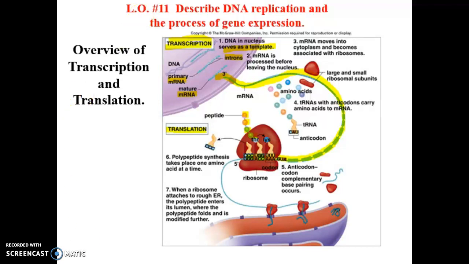Now it comes into the picture and says, hey, let me move that protein outside the cell or over to the cell membrane or wherever. Golgi gets involved, but it's got to be produced and formed at the ribosome. All right, so there's our overview.